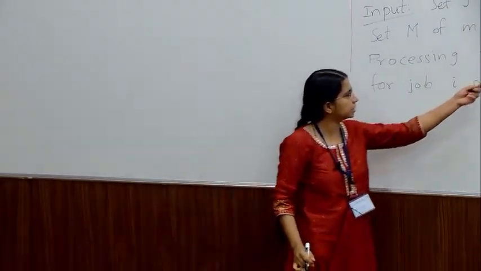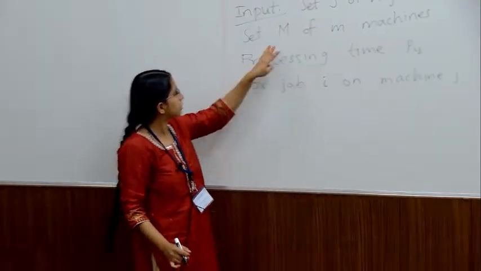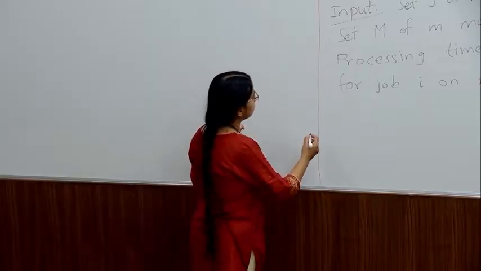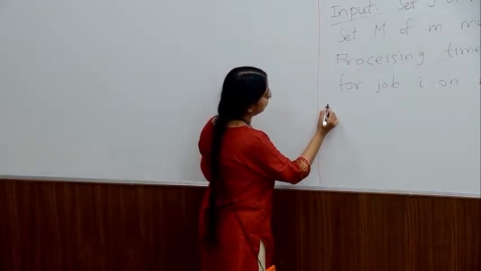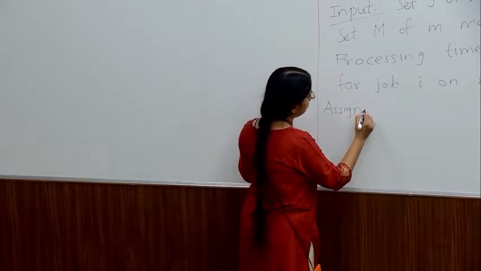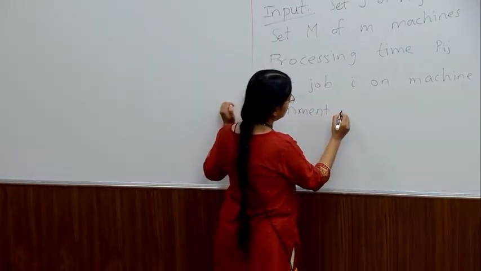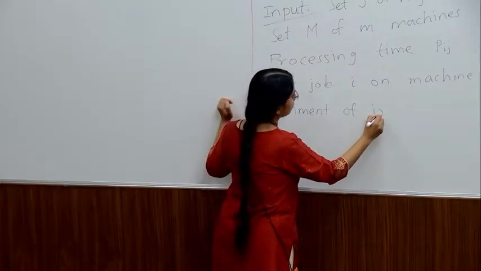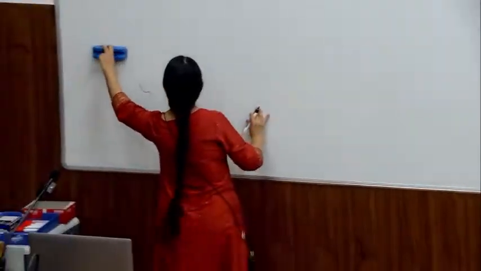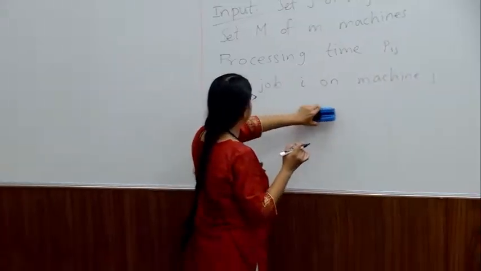So this p_ij is given to you for every i in the set J and every j in the set M. So the goal is to assign each job to exactly one machine.